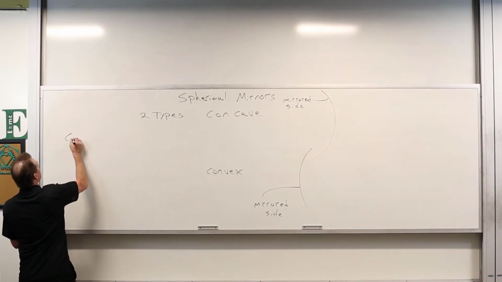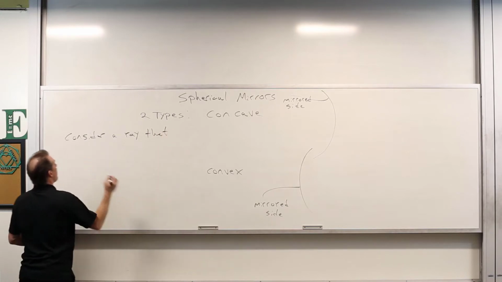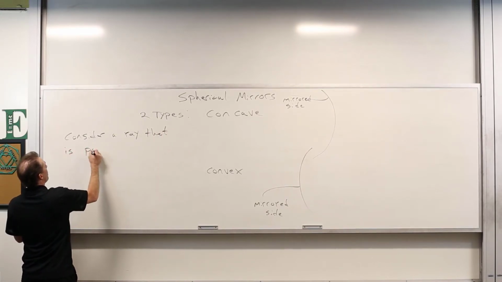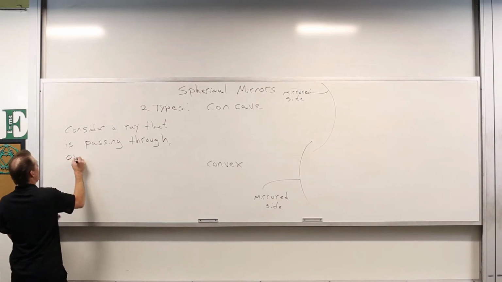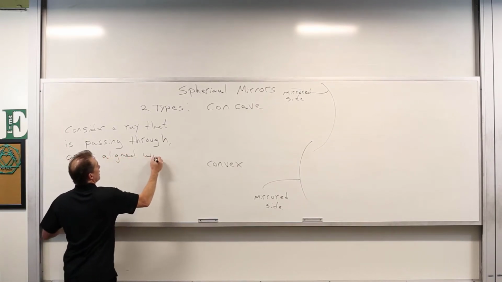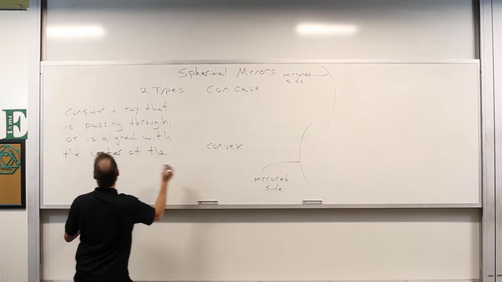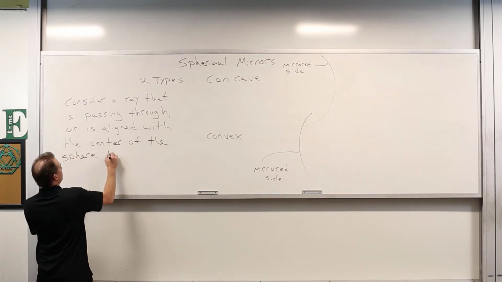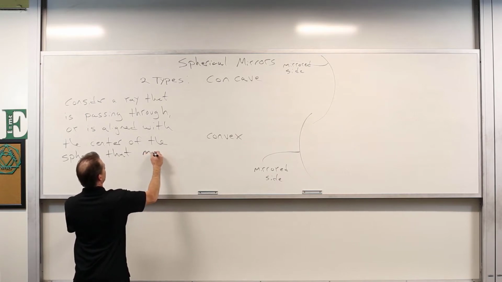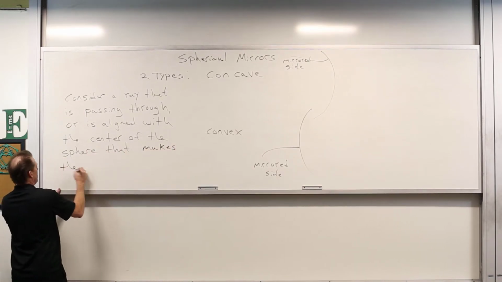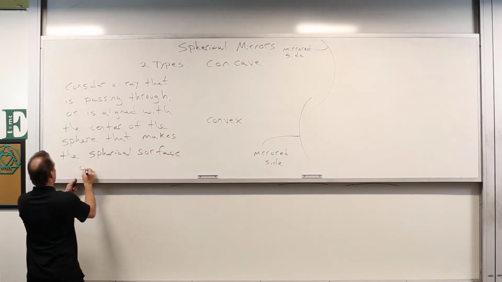And we'll say, consider a ray that is passing through or is aligned with the center of the sphere that makes the spherical surface of the mirror.